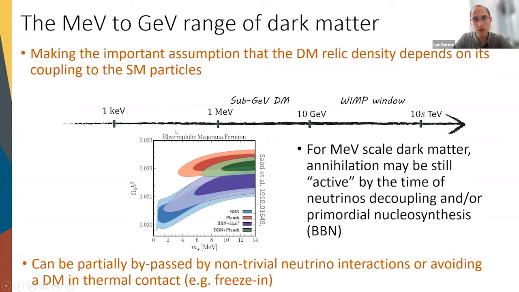What you see here is that you have limits from BBN, basically preventing you from going to too low mass, because there you would destroy all the nucleosynthesis that you've made, since you start putting in very high energetic particles. And then you have limits from Planck, from the effective number of neutrinos, which basically tells you that you're pushing entropy into the thermal bath at a time where you should not.